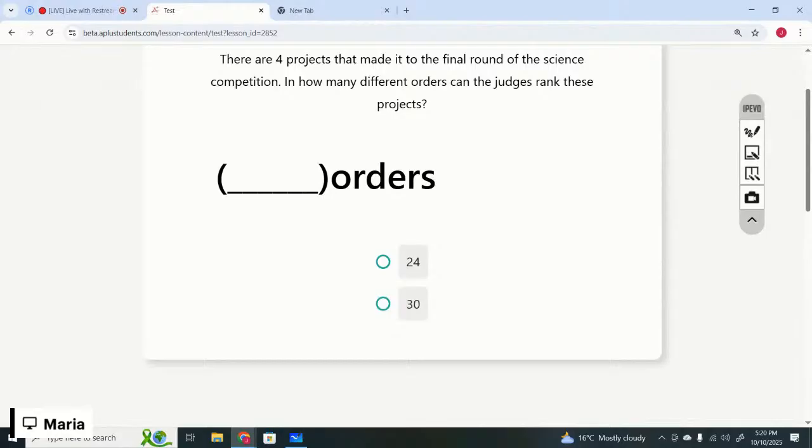In how many different orders can the judges rank these projects? That is 24. Option number one is the correct option. 24 it is.